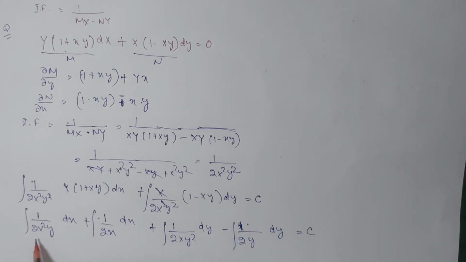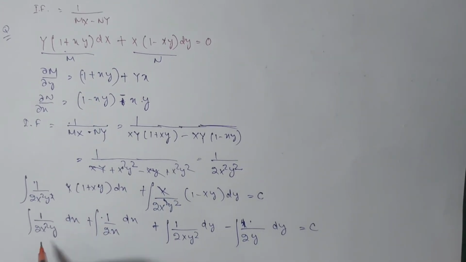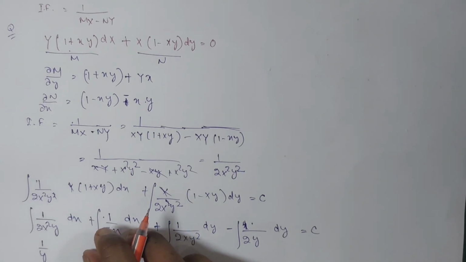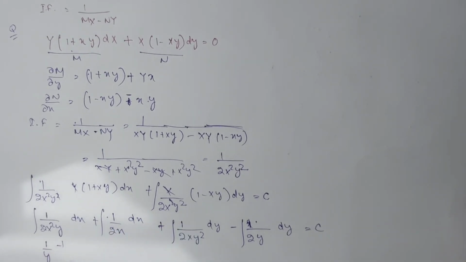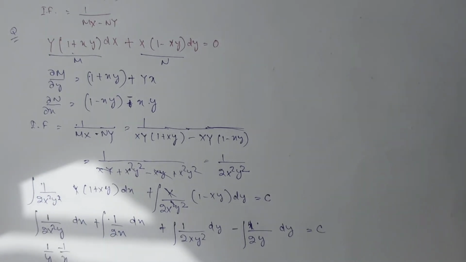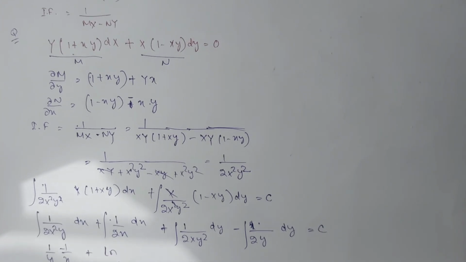If we take the half common and give it to the other side, it becomes 2c. Now we integrate both sides, and it becomes 1 by y, and this becomes minus 1 by x, and plus ln x.